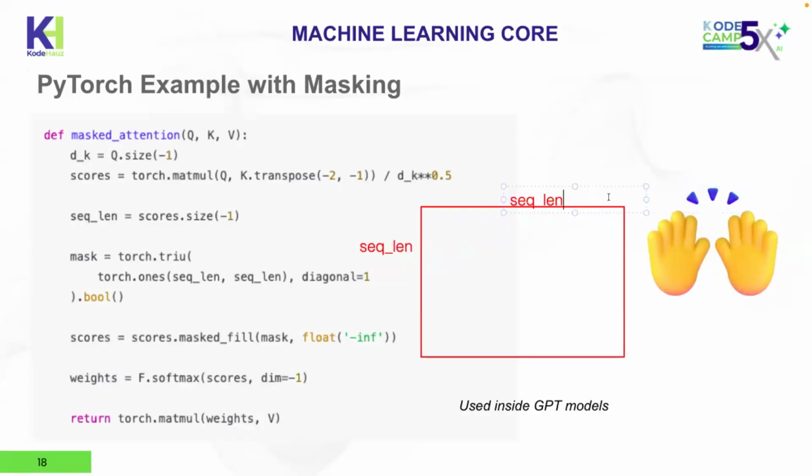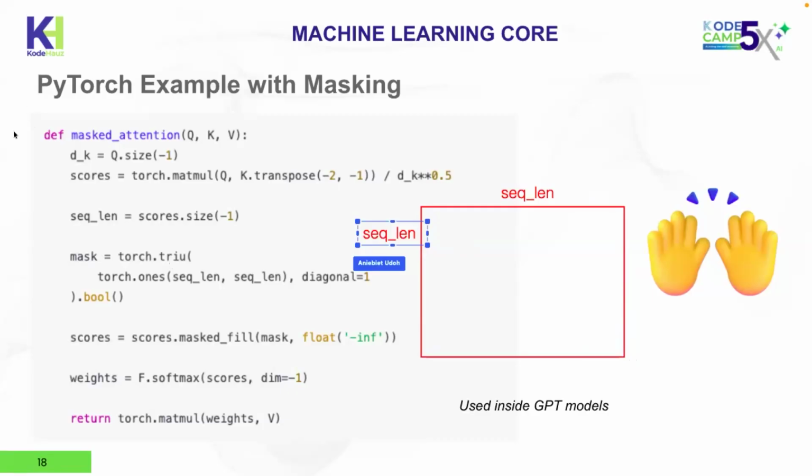Based on that, torch.ones will give us a matrix with only ones in it. Then torch.triu will trim off by the diagonal. So you specify the diagonal. Diagonal equals 1, so it's going to trim off at diagonal 1, which is this first main diagonal, right?